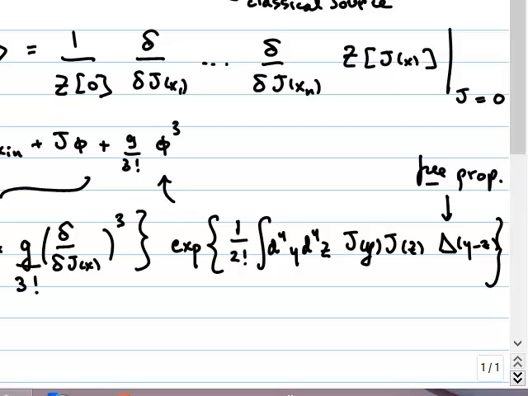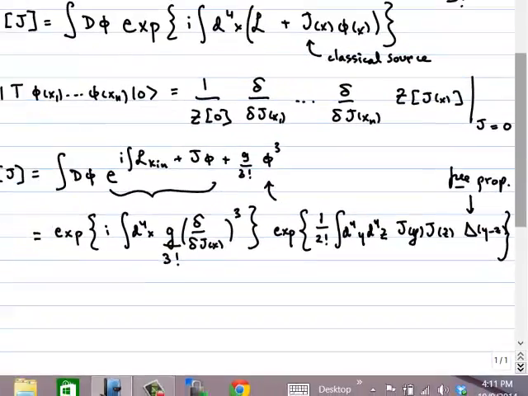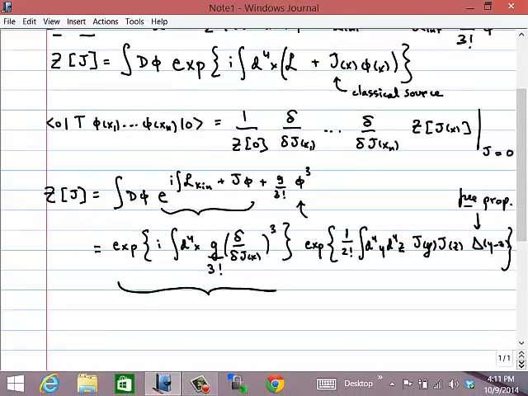Okay. So is this formula more or less clear? If we ignore this expression right here, then this is just the free answer that we derived yesterday, on Tuesday. And this expression that we gave for the free generating function is just Wick's theorem. It says that the n-point function of a bunch of scalar fields is given by the sum over all ways you could pair those scalar fields together times the product of the corresponding propagators.